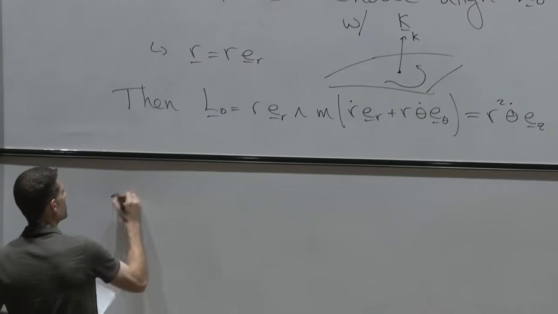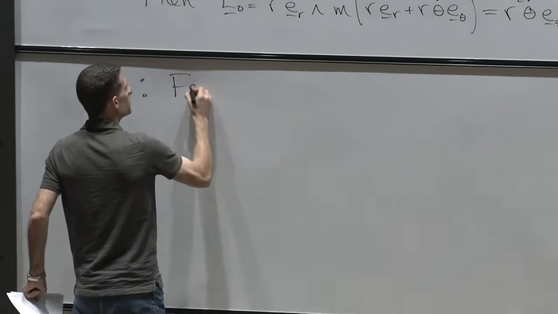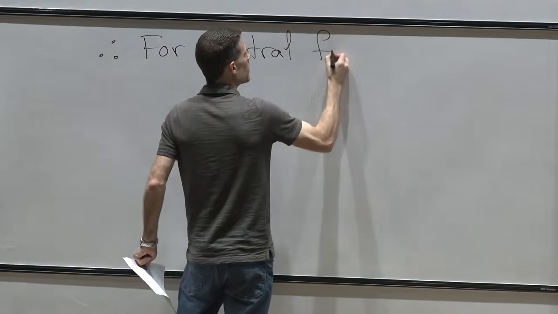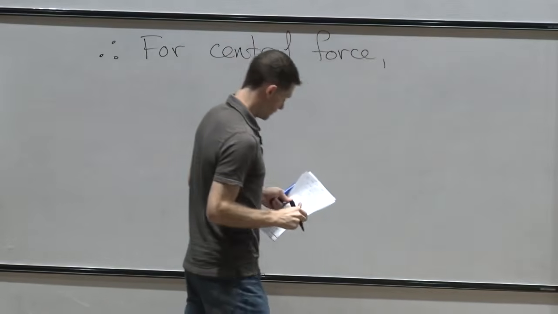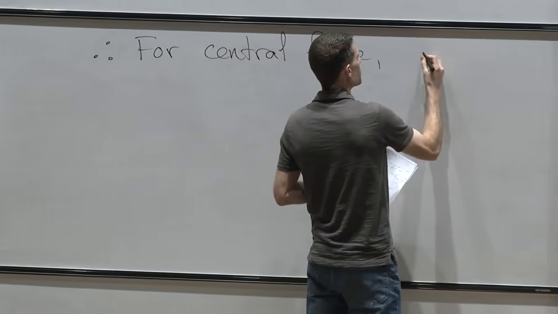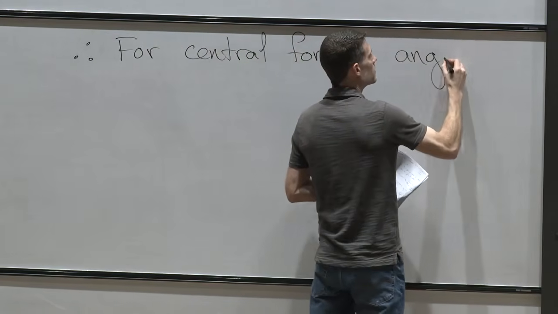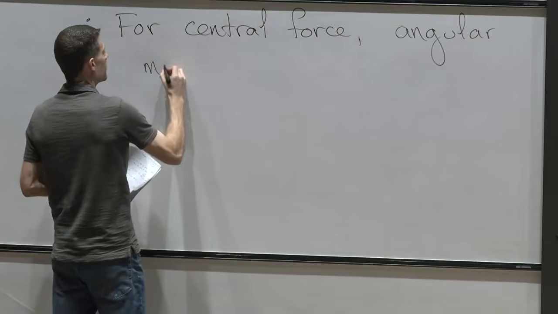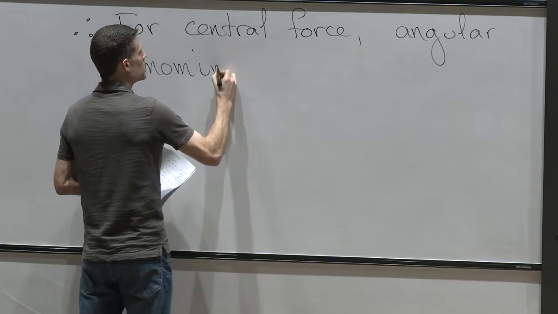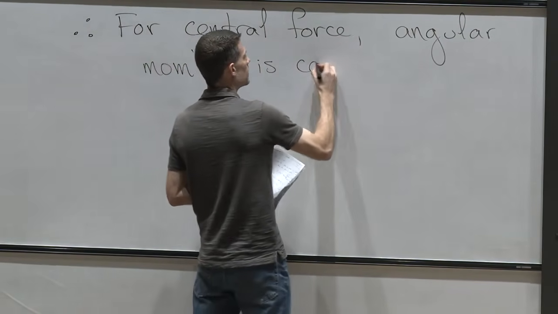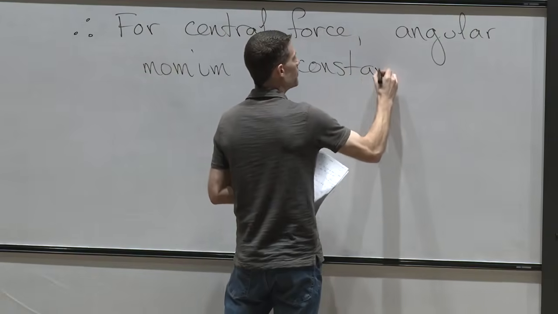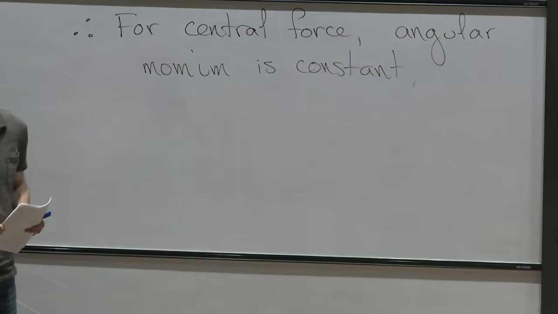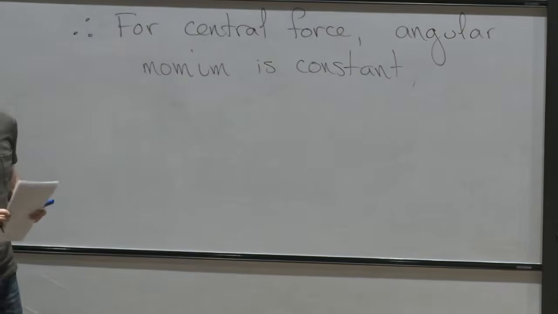So therefore, for a central force, the angular momentum is constant, is conserved, but moreover, R squared theta dot is constant.